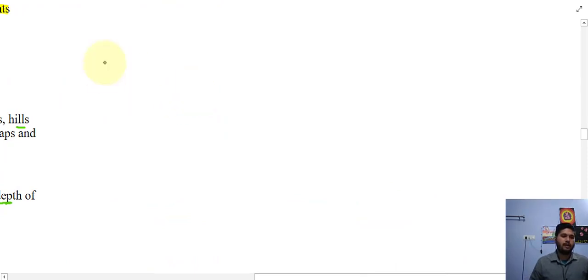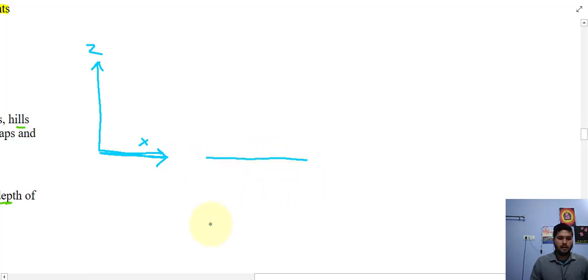So I'm drawing an example of a landscape in a vertical plane. For a vertical plane, we use the x-axis and z-axis. It's simple. At the x-axis, we have our mean sea level, and this is the land.